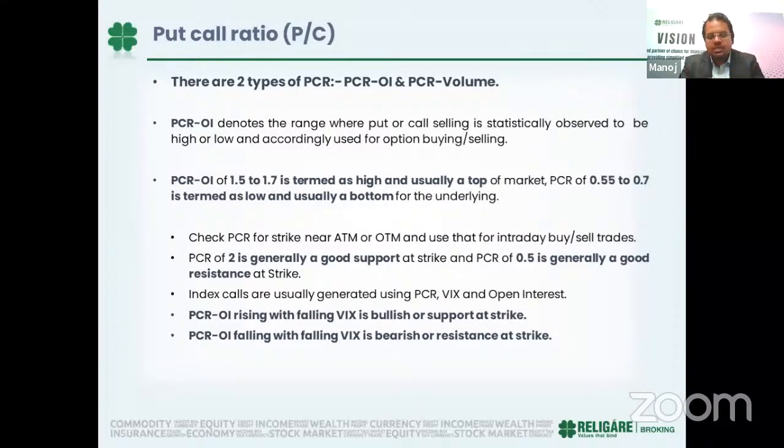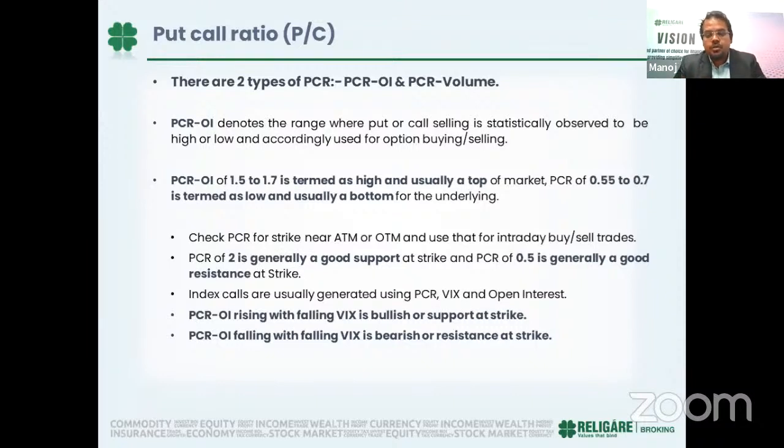Now the reason why I'm using the word might here is that obviously one strike and maybe some 20, 50, or 70, 80,000 strike call option and put option cannot decide where such a big index of India, which is your Nifty, can take a support or resistance. But yes, this is one of the parameters which can be used. We need to understand that even if it's a stock, we can still vouch for it. But when it is an index, there are a lot of other parameters which come into it. So this can be one.